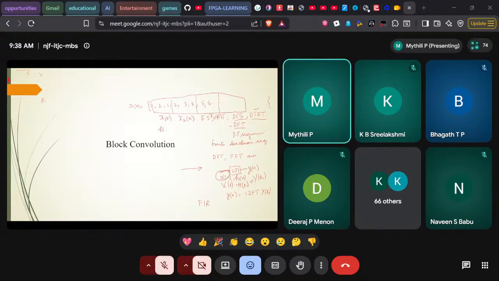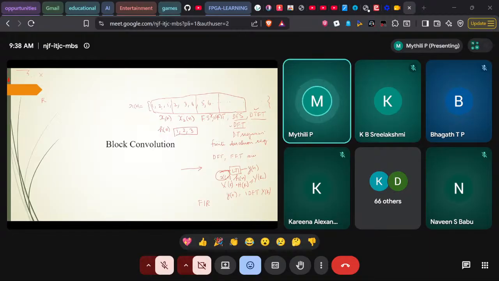We already know h of n, which is of a finite length. Let us assume, this is just an example. So you have h of n already, a finite length sequence, and the infinite length sequence, as it is coming in real time, you can divide into smaller blocks.